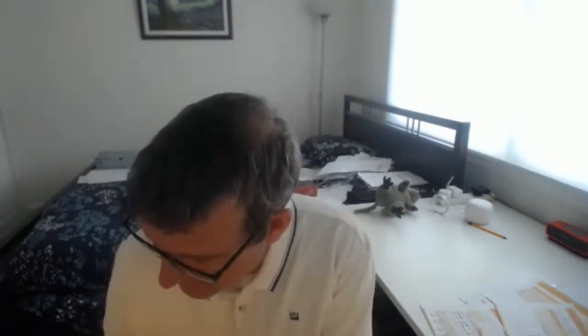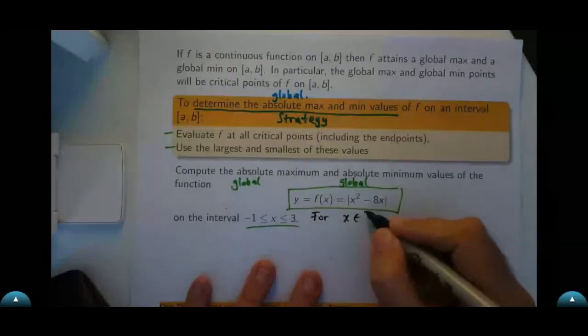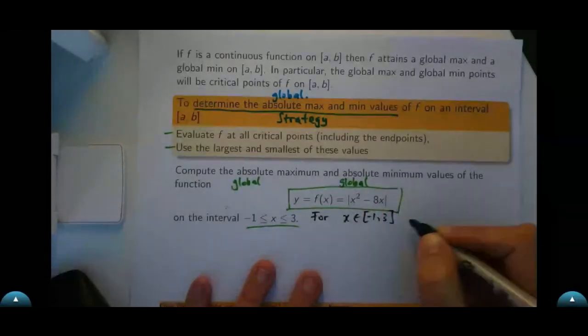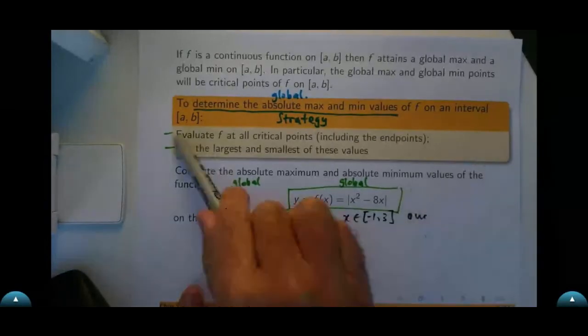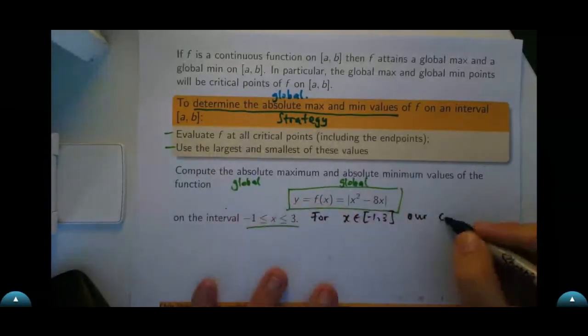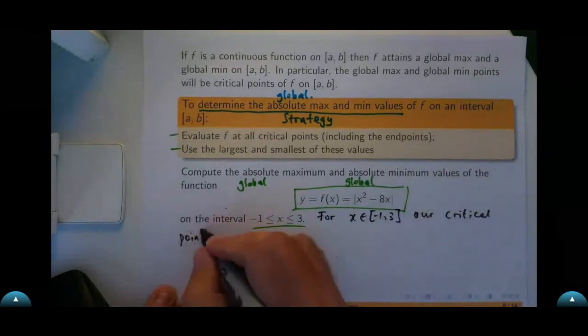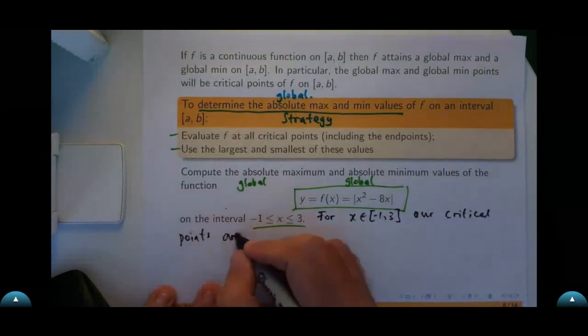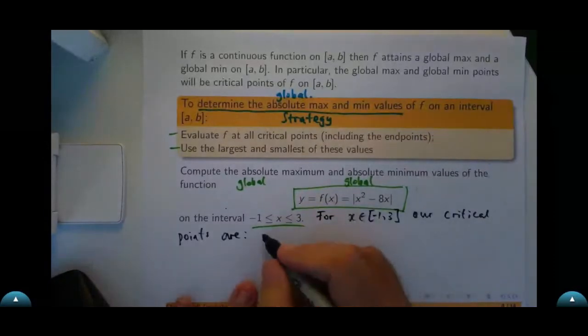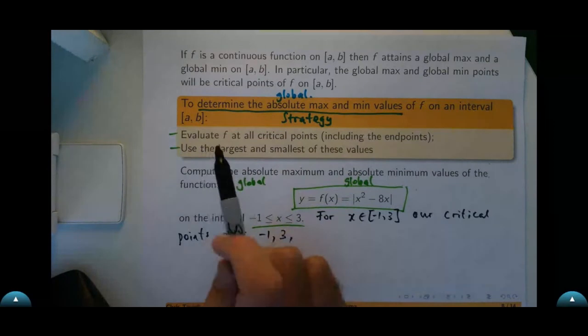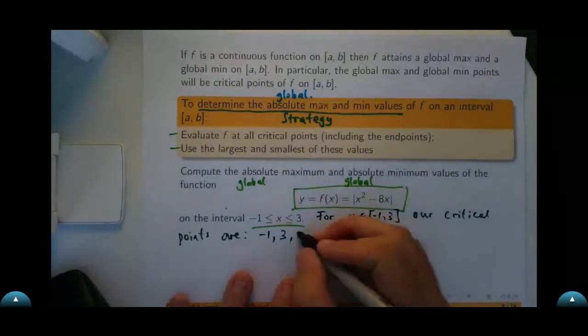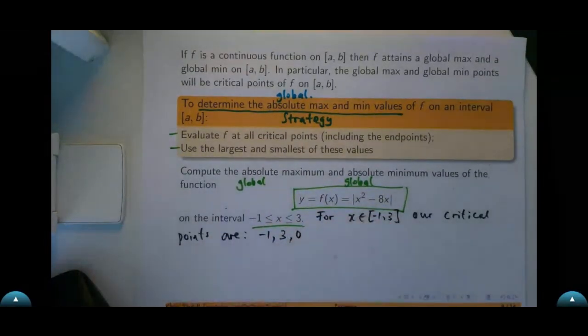So let's evaluate the critical points, right? The endpoints and the points where the function is not differentiable, that's at x equals 0, and that's it.